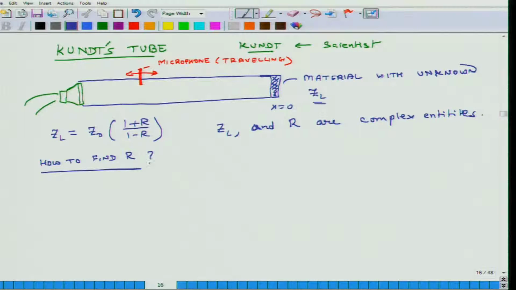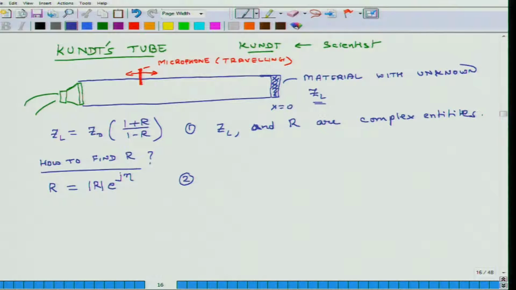So we have to figure out what R is, but we know that R can be complex. So we will express R as some magnitude, which is the modulus of R, and it also has a phase, which can be expressed as e to the power of j times eta. The magnitude of e to the power of j times eta is 1, so that does not influence the magnitude, it only tells us about the phase, and the modulus of R is the magnitude of R. So this is equation 1, this is equation 2.